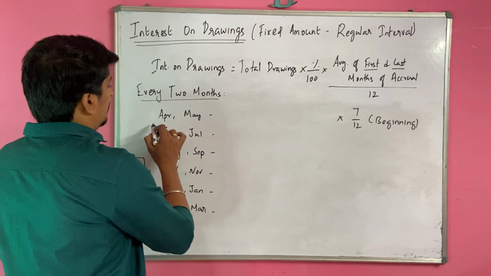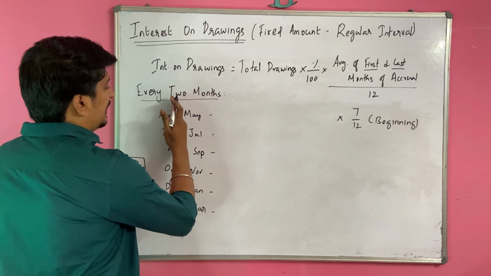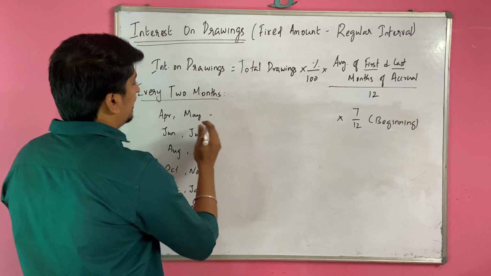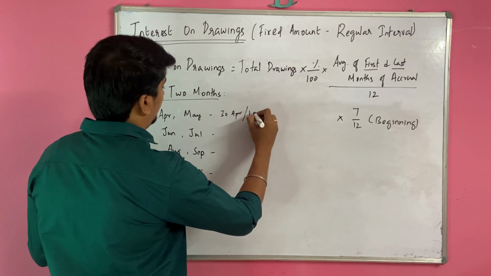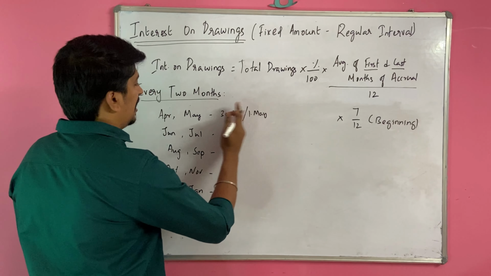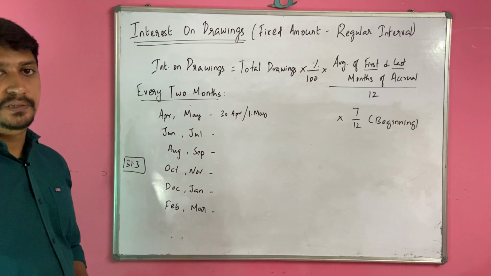So middle means what? The middle of the first 2 months is exactly here, which means end of April or beginning of May, either 30th April or 1st May. Both are the middle of this first 2 months.